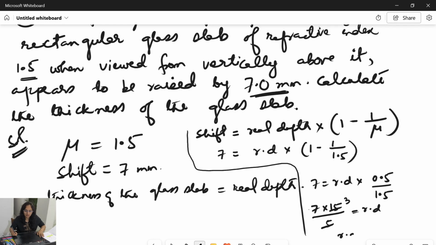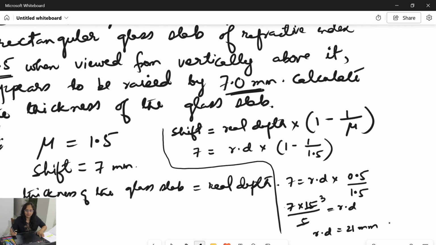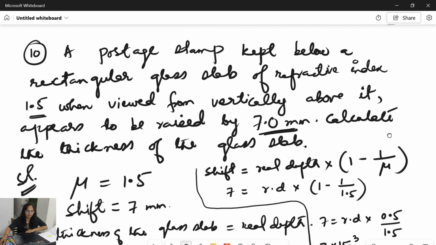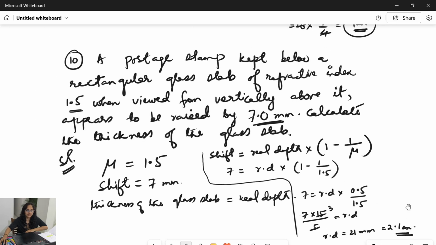So real depth is coming 21 millimeter, because it was given in millimeter, so what we are getting is also in millimeter. And if we calculate it in centimeter, just divide it by 10 and you will get 2.1 centimeter. So the thickness of the glass slab will come as 2.1 centimeter, and that's how we can solve this question.